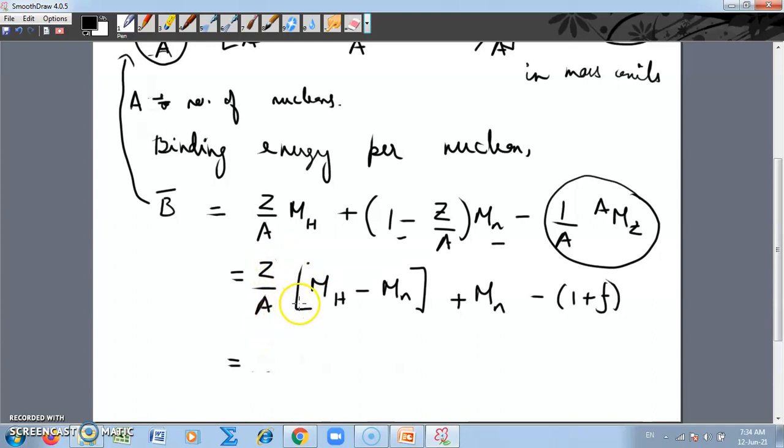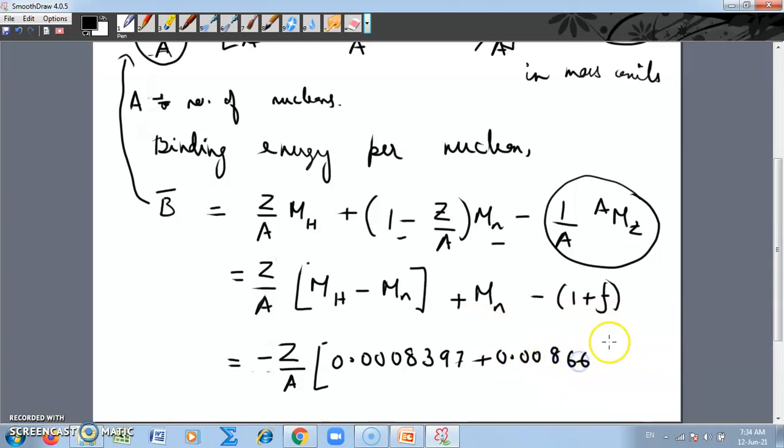So when you put in the values, you get minus Z by A times 0.0008397 plus 0.0086649, minus F. This will be like this.